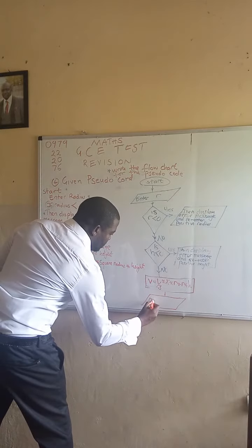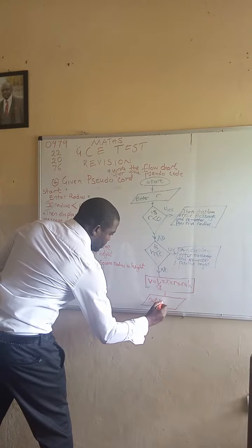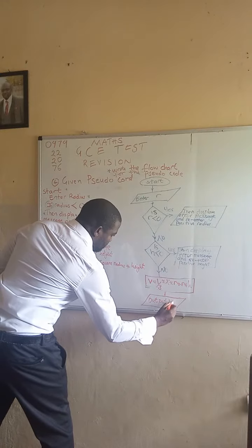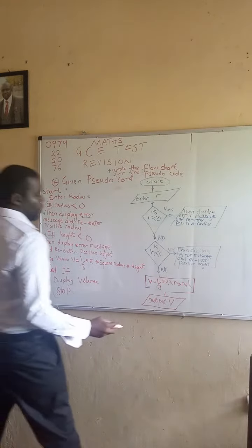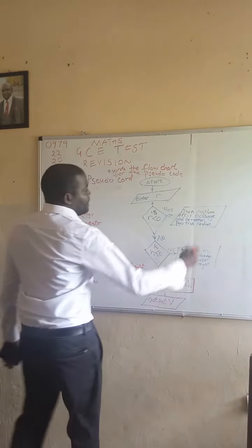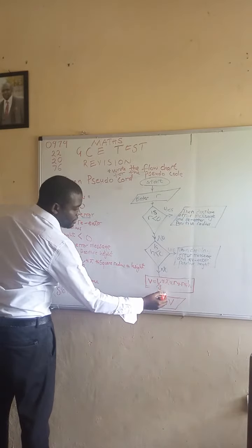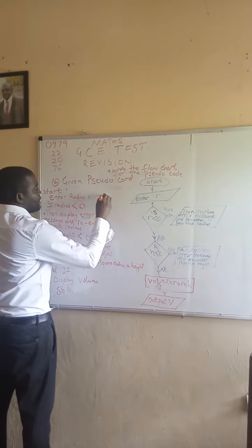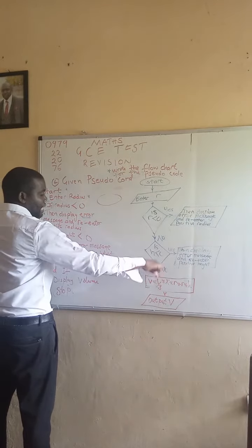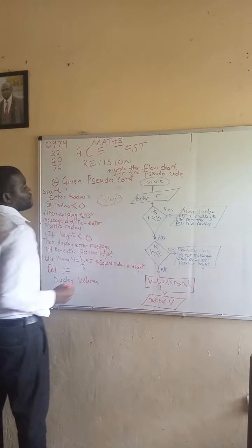So the output is V. And then lastly, stop. There's no space here, but the last shape is like this, the one that is down here, and then it is written stop. That's all.